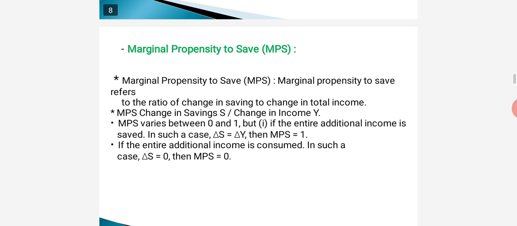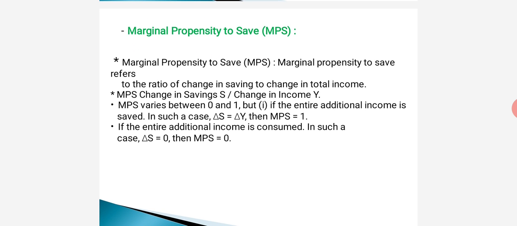Now next is marginal propensity to save. It refers to the ratio of change in saving to change in income, and the formula is MPS is equal to delta S upon delta Y. Delta stands for change.